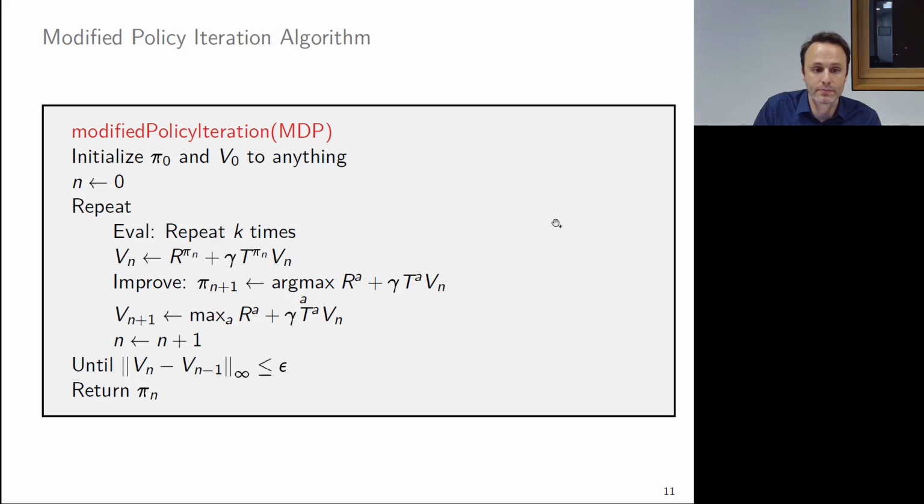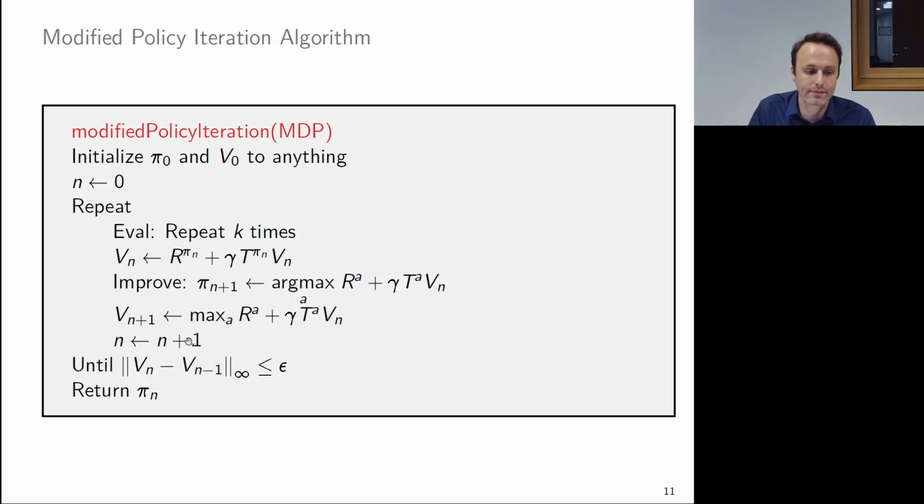So that's the algorithm. We initialize the policies and the value functions to anything, and then we repeat k times this policy evaluation, where this is solving the system of linear equations exactly to get a Vn. And then we take this Vn and see whether we can improve that by taking another action and improve the policy.